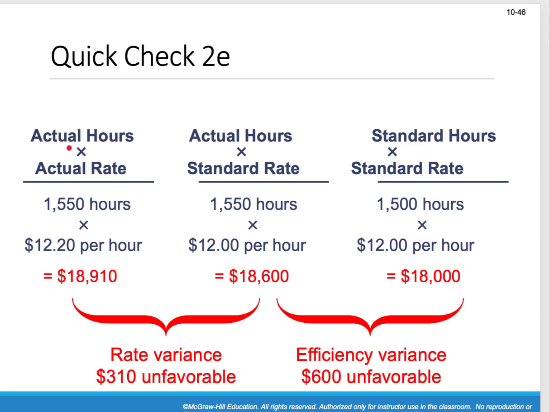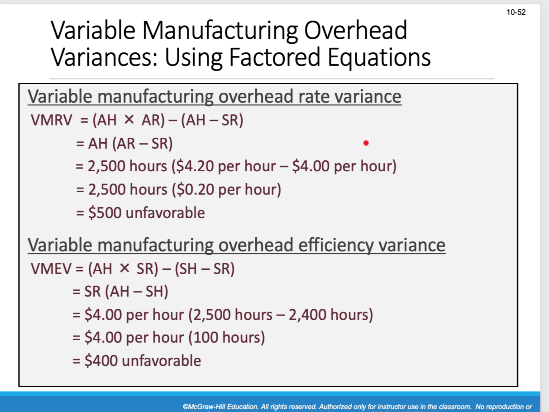And again, here it is in chart form, I guess you could say. For variable manufacturing overhead, guess what? I'm just going to zip through this one pretty quickly, because here's what you need to know. To figure out what the variable manufacturing overhead rate variance is, you do the same exact thing as you did for direct labor, right?